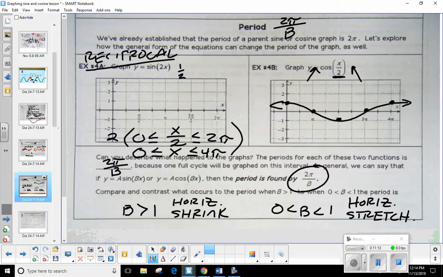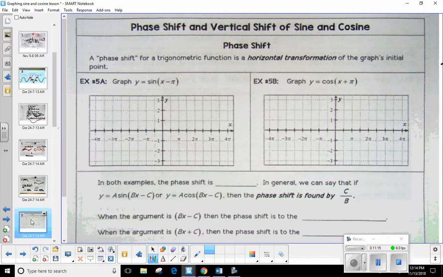Okie dokie. Ready to go? All right, now let's look at these. Phase shift. Well, a phase shift is just a fancy way of saying we're going to take the graph and shift it left or right. Think back to Algebra 2 when you were taught these transformations. When you multiply by x, remember we had to take the reciprocal. What happens when you add or subtract?